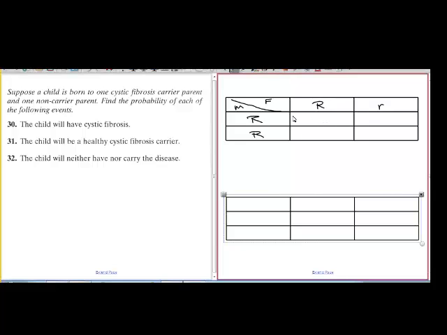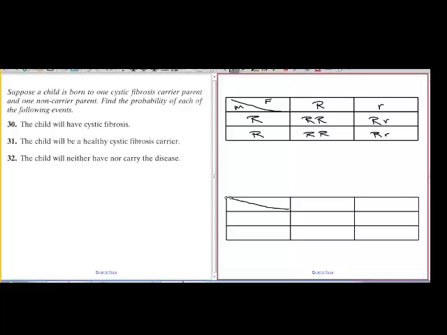So the four different possibilities are to get the dominant gene from both parents, or to get the dominant gene from the mother but the recessive gene from the father. Actually, the father has the defective gene. It's just like the table we did with dice. Instead of numbers, we put down the different arrangements.